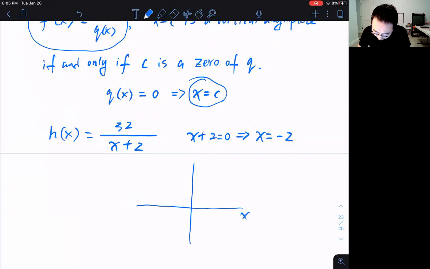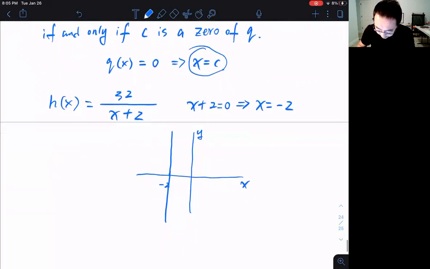So this straight line is an asymptote for h of x. That's how you determine whether a vertical asymptote exists for a rational function.